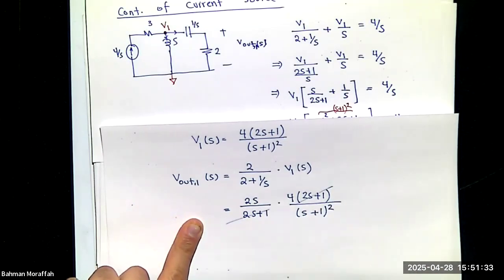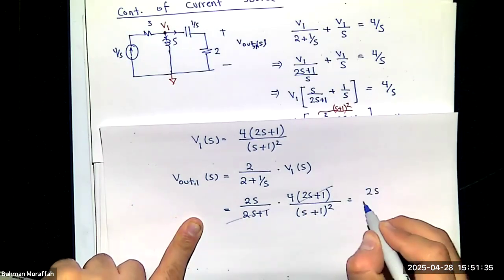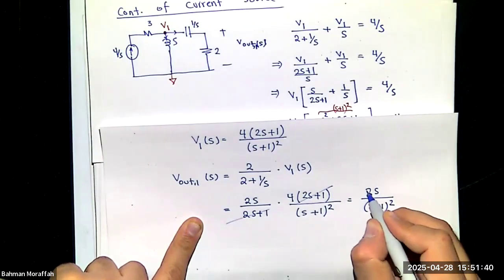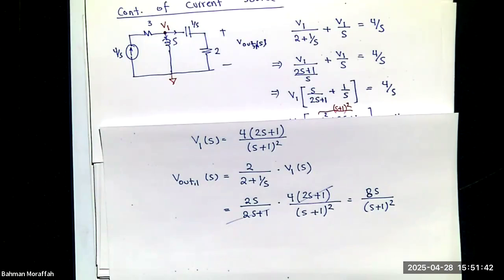This and this cancel each other out. I got 2S divided by S plus 1 squared times 4, so it's 8S. Right? Yes? You with me? Fantastic.